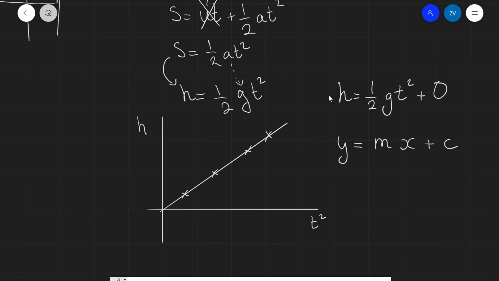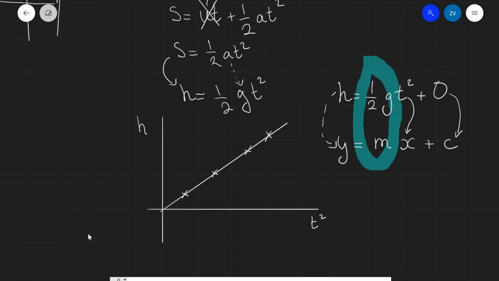We can see that if h is on the y-axis and t squared is on the x-axis, the graph should be a straight line through the origin. So 0 is my intercept. It goes through the origin. What's left for my gradient, m, is this expression, which is a half g. This is really, really important.